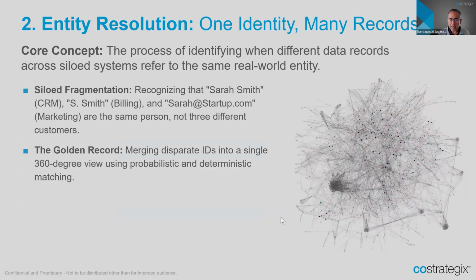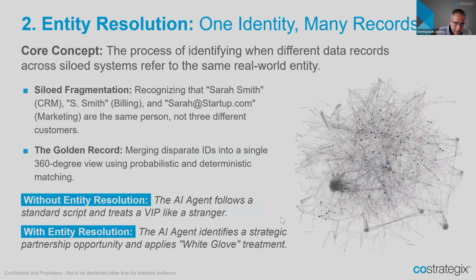So let's say that's part one of the concept. Part two is the entity resolution. People call this MDM mastering, but really Sarah, in our example, could have existed in multiple places, right? And the fact that you didn't have a match between the billing side and the CRM side, basically lost a connection to identify that she's also a startup CEO, right? So that's where a golden record principle comes in, right?